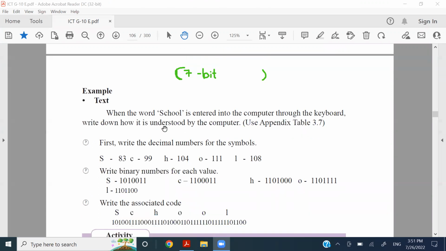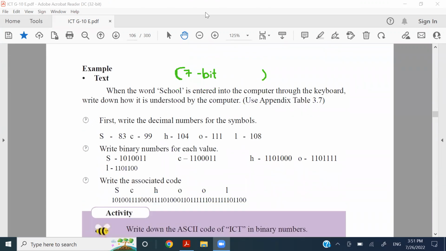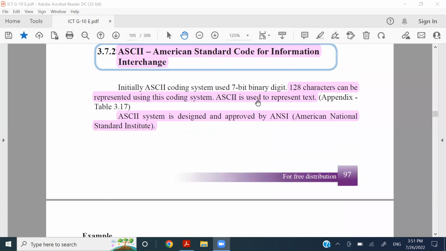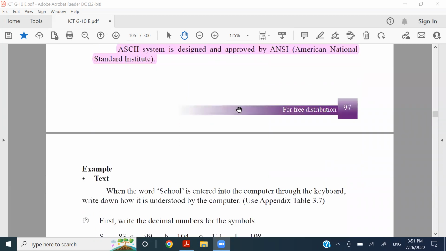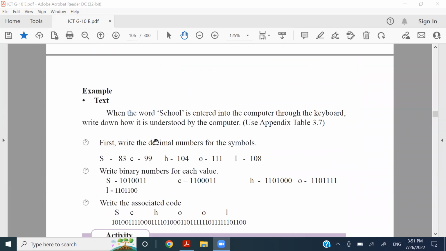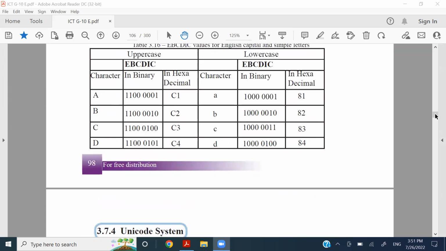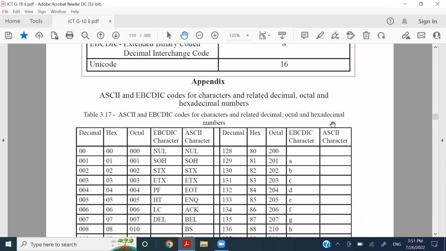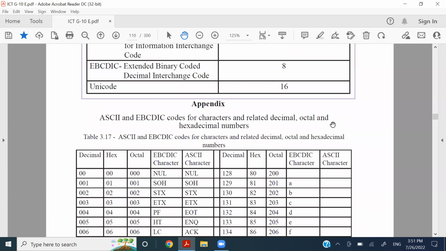So here they have shown you how they can use the ASCII code system to represent a text, right? Because the ASCII code system is majorly to represent text. So when they are trying to represent a text, the one they are referring to is this huge table at the end of your lesson. You don't need to remember this table, which is not possible.